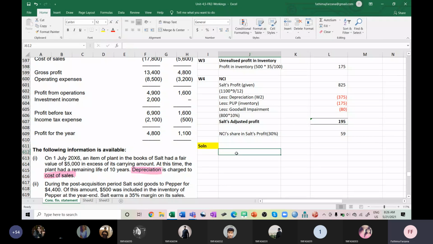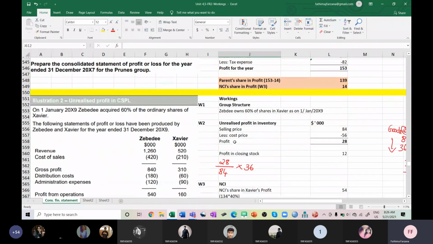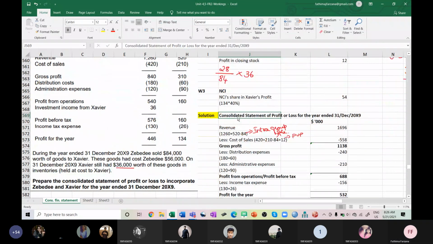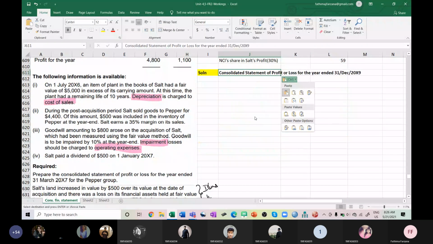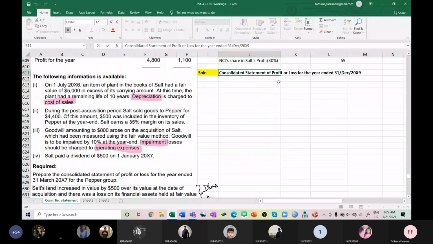So I'm going to start with the consolidated statement of profit or loss for the group, for the year ended 31st March 2006.